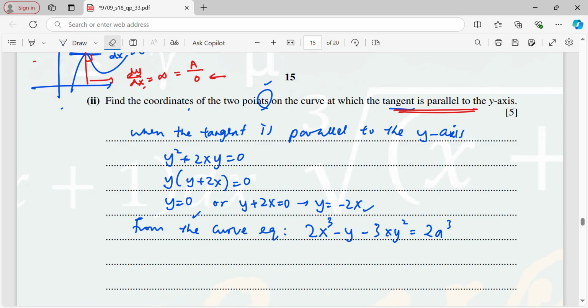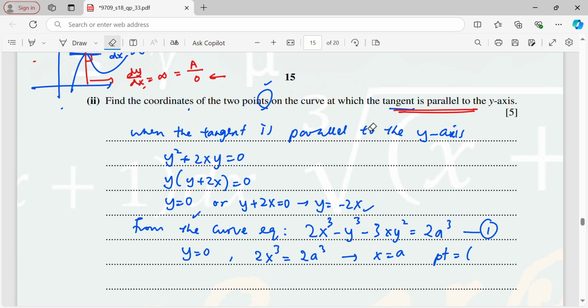So now from here, replace the y by 0 first. So when y equals 0, let's say this is the first equation, I will get 2x cubed equals 2a cubed. So obviously your x equals a. So I get a point, which means the point with coordinates (a, 0).